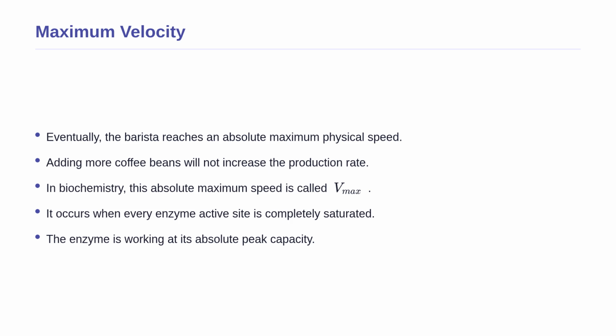It occurs when every single active site of every enzyme molecule in the solution is completely saturated with substrate. The enzyme is working at its absolute peak capacity. Adding more substrate at this point will not increase the reaction rate because the microscopic machines are already operating at their physical limit.